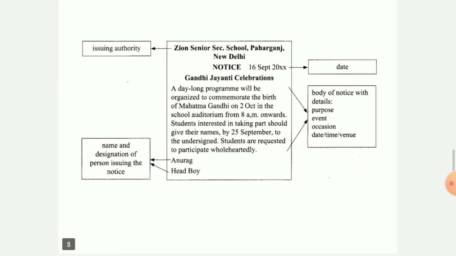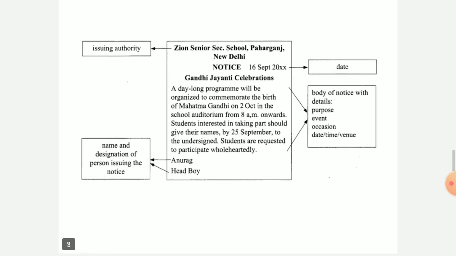Now let me explain the example to you. A 2-day long program will be organized to commemorate the birth of Mahatma Gandhi on 2nd October in the school auditorium. I told you date, place, venue, all these things have to be mentioned properly. On 2nd October in the school auditorium from 8 a.m. onwards, the time also has to be mentioned.